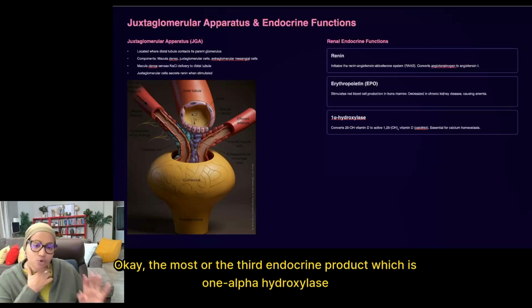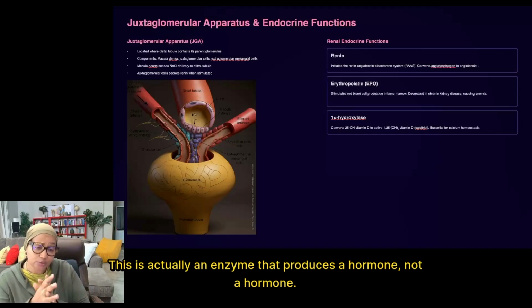The third endocrine product is 1-alpha hydroxylase. This is actually an enzyme that produces a hormone, not a hormone itself.